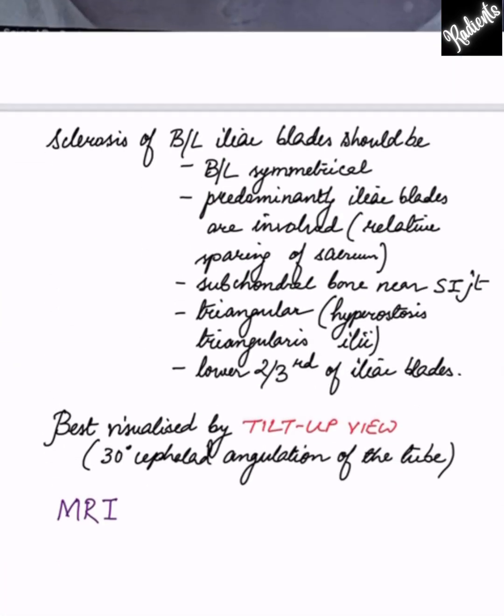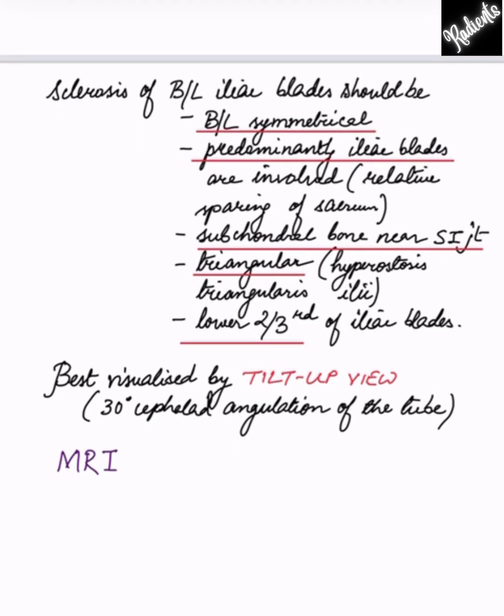The sclerosis of bilateral iliac blades should first of all be bilaterally symmetrical, and it should predominantly involve the iliac blades only, with relative sparing of the sacrum. Subchondral bone will be seen near the SI joint. It's classically triangular, which is why it is also called hyperostosis triangularis ilii, and usually it involves the lower third of the iliac blades because that is the part of the SI joint which is synovial and has maximum movement, and it is best visualized by a tilt up view, which is done by a 30-degree cephalad angulation of the tube.